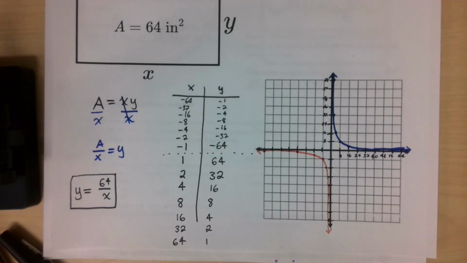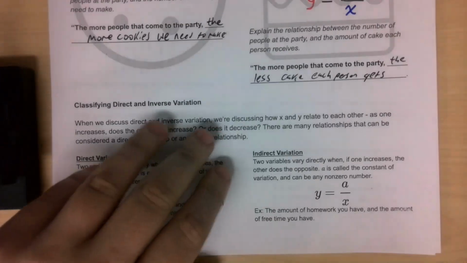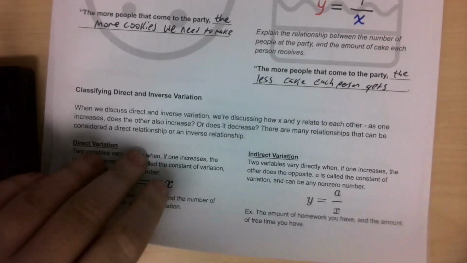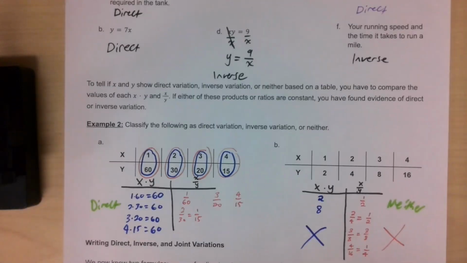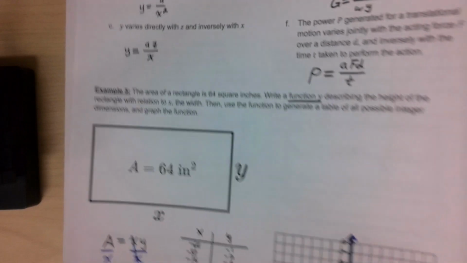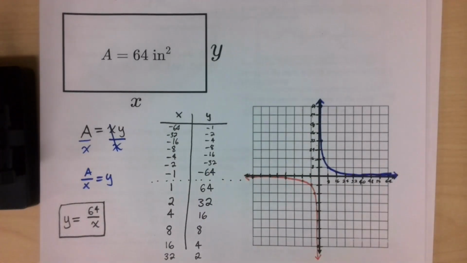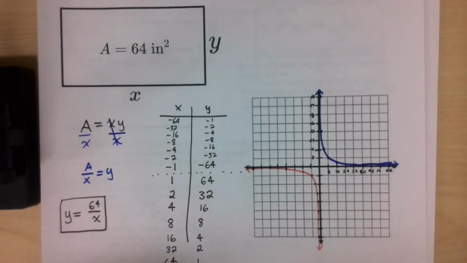Anytime you have two quantities that vary inversely with each other, like the sides of a rectangle, the amount of cake each person gets at a party, the amount of homework you have and the amount of free time you have, the running speed and the time it takes to run a mile, all of this has been what we've been talking about all along. Anytime you have one thing goes up and one thing goes down, you've got this hyperbola. And that's why it is so critical for us to learn this.